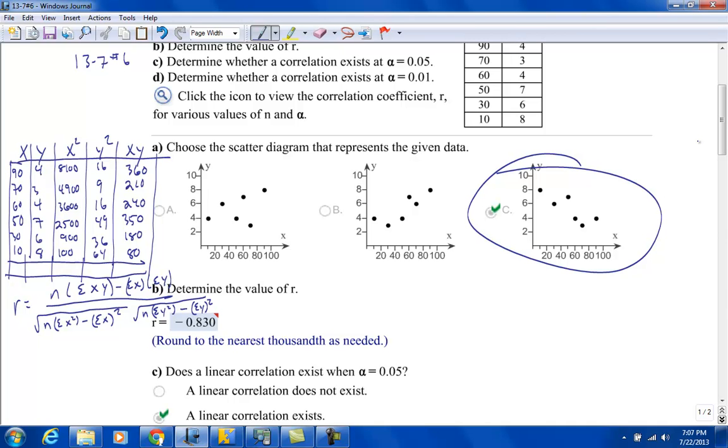So we have 90 plus 70 plus 60 plus 50 plus 30 plus 10. That's 310. Then we have 4 plus 3 plus 4 plus 7 plus 6 plus 8, and this is going to be 32.